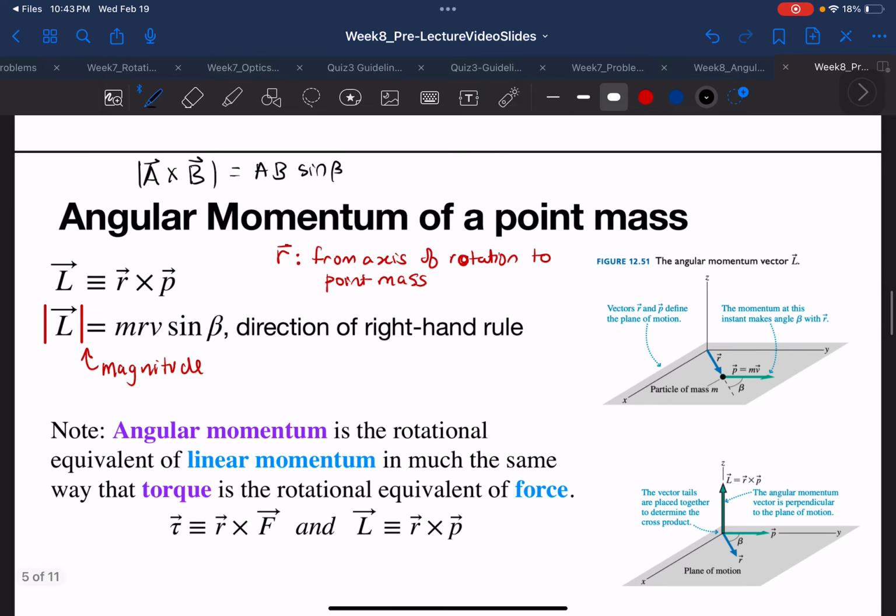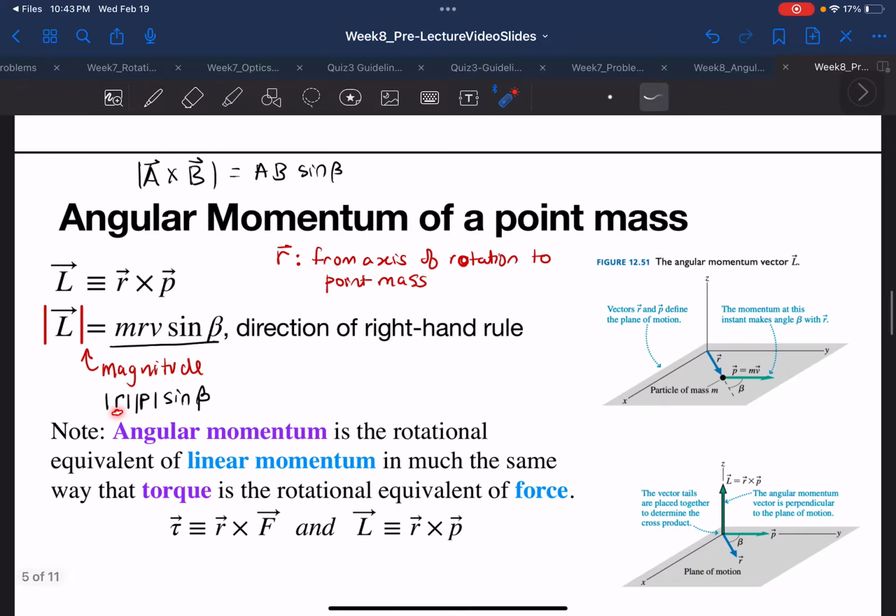Here r is how far we are from the rotation axis, p is linear momentum, which is mv, and then the sine of the angle between them.